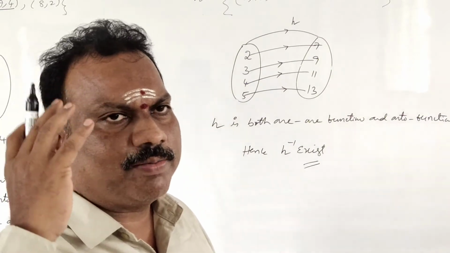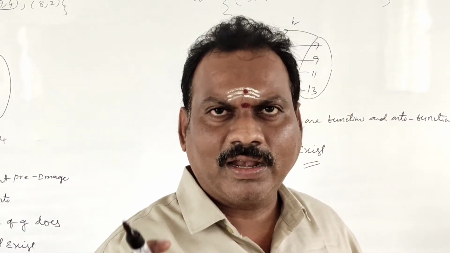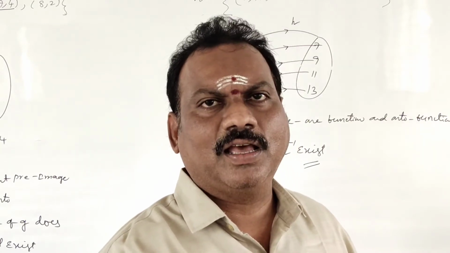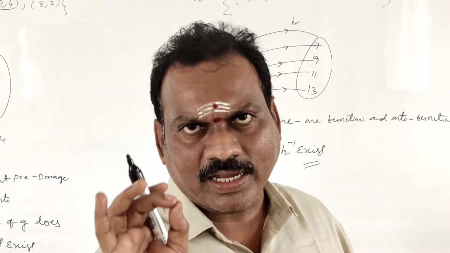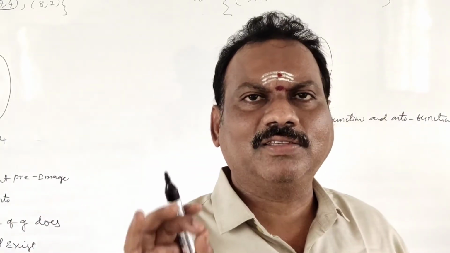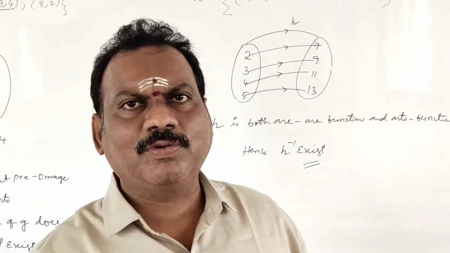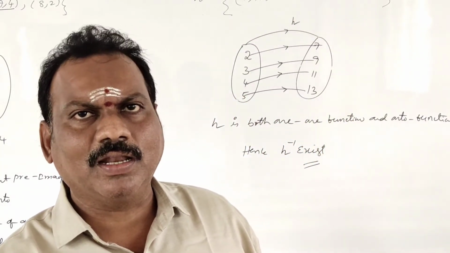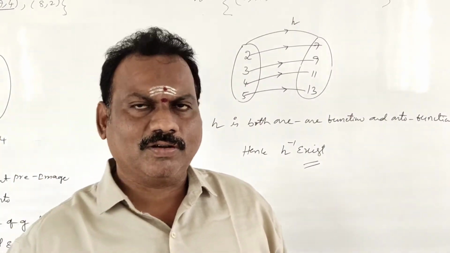So you have to remember, it is a very, very important point: for a function to be invertible, the inverse to exist, it is compulsory that the given function should be a bijective. Bijective means it should satisfy 1-1 as well as onto. Then only it is invertible and the inverse is possible. So you have to verify both and write the answer.